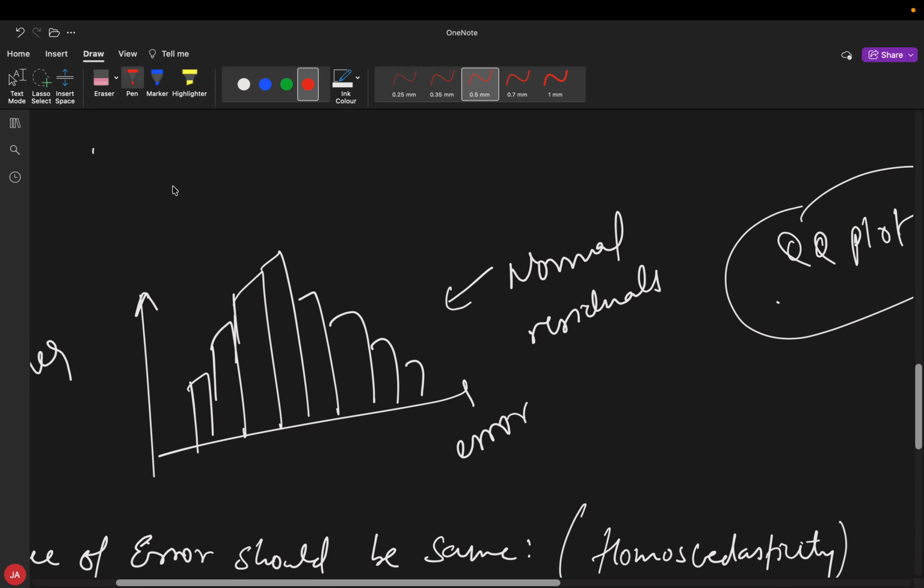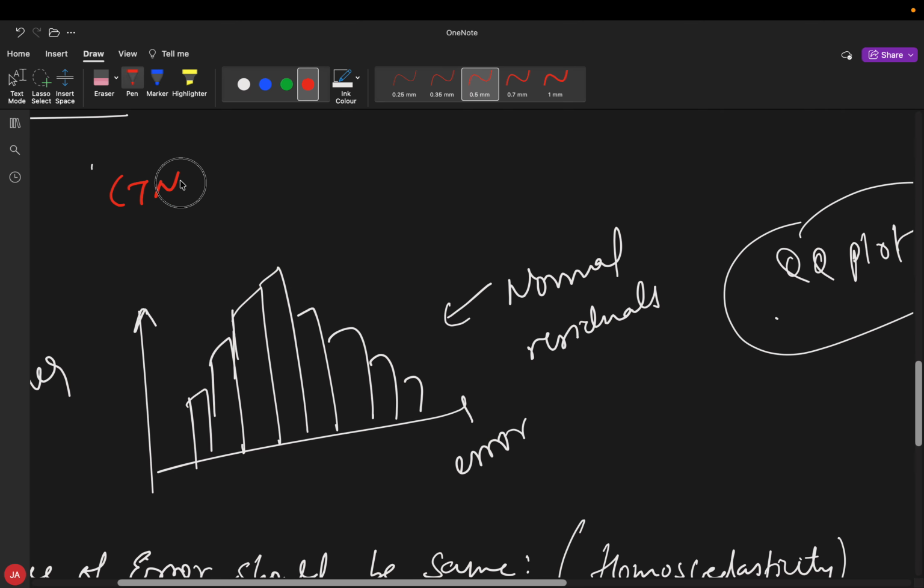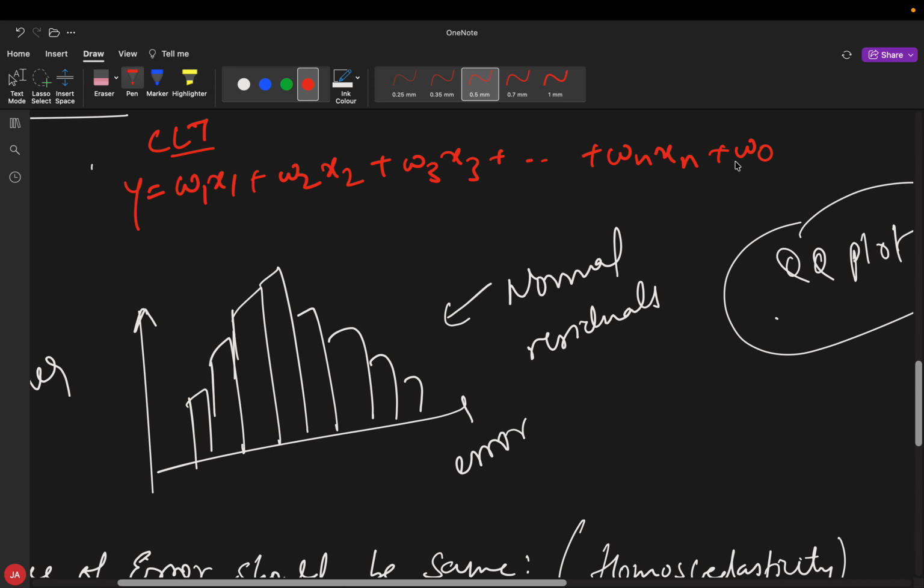If they are normal, then according to the central limit theorem, if you combine multiple features to predict a value, the residuals formed should be in a normal distribution.